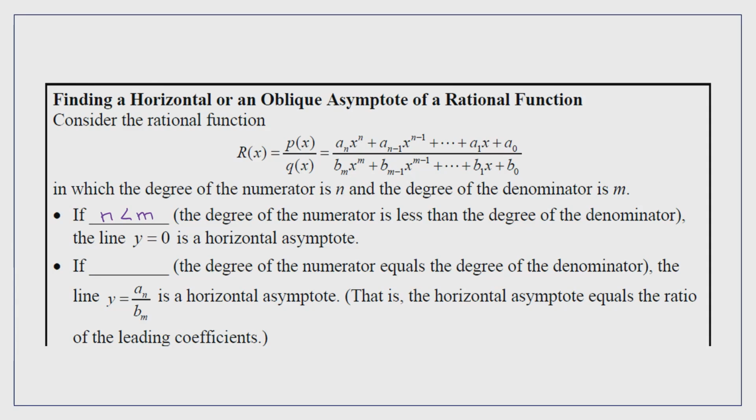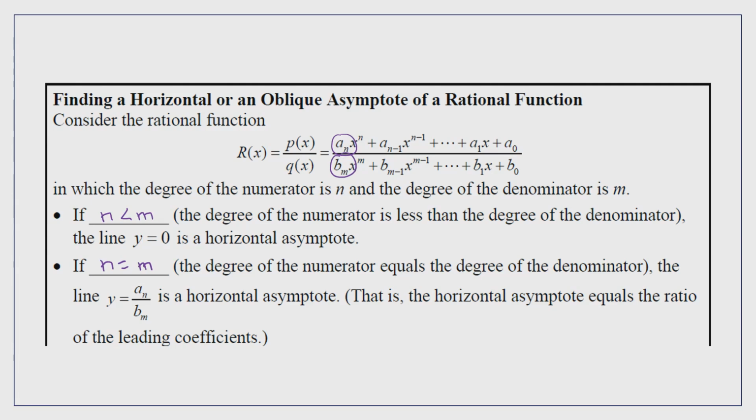Okay. If n equals m, then the degree of the numerator equals the degree of the denominator. The line y equals a sub n divided by b sub m is a horizontal asymptote. Okay, so a sub n is going to be the leading coefficient of your polynomial in the numerator, and b sub m is going to be the leading coefficient of your polynomial in the denominator.